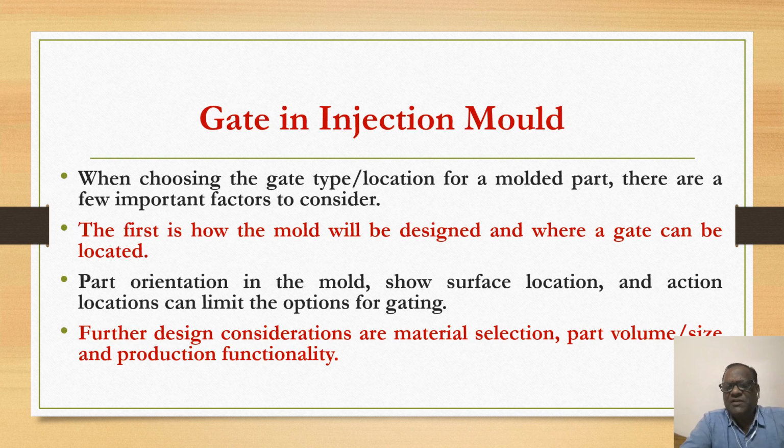Then the part orientation in the mold and the surface location have to be kept in mind. Further, the design considerations are material selection, the part volume or size, and production functionality. These are some of the other factors to be kept in mind.